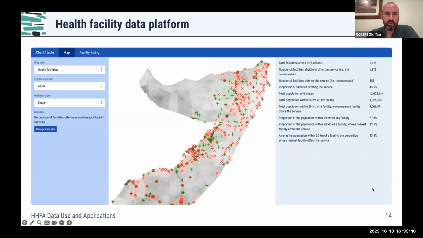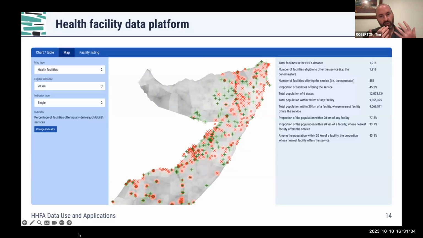Finally, another really exciting output or product of the HHFA for Somalia is that the WHO team there with the ministry are wanting to create an online platform for all of the Ministry of Health staff to be able to access the HHFA data.